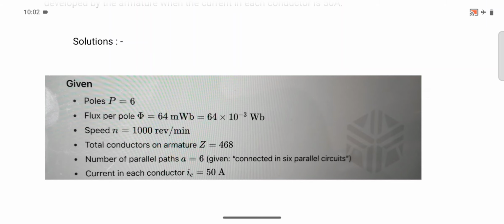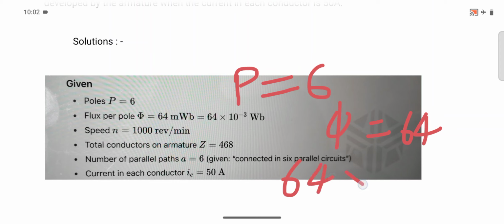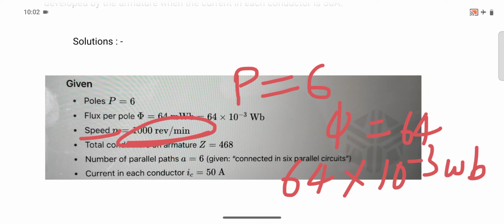In the question given, we have pole represented by P equal to 6, flux per pole represented by phi, you can see 64 microweber. We can write it as 64 into 10 to the power minus 6 Weber. Now we can represent speed by a small n, which is 1000 revolutions per minute.